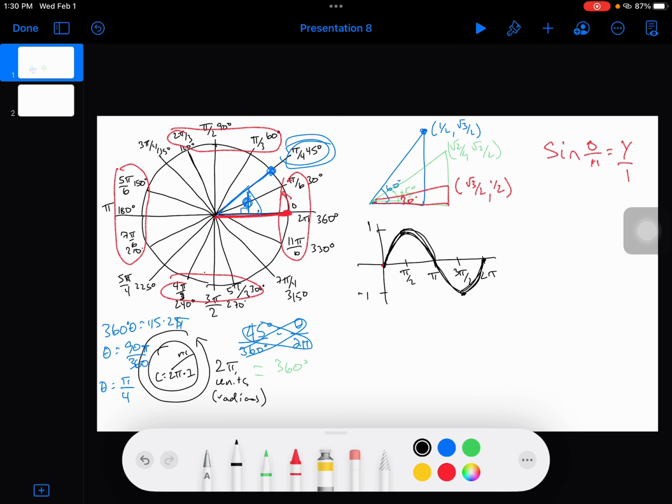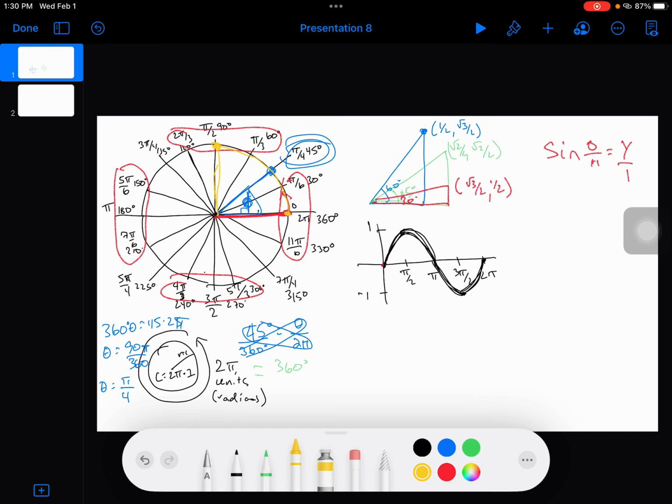And we can see that this shape for the period of 2 pi is modeled in that ratio of opposite to hypotenuse, or the y value. As we start on the x-axis and move counterclockwise up to pi over 2 for the sine function.